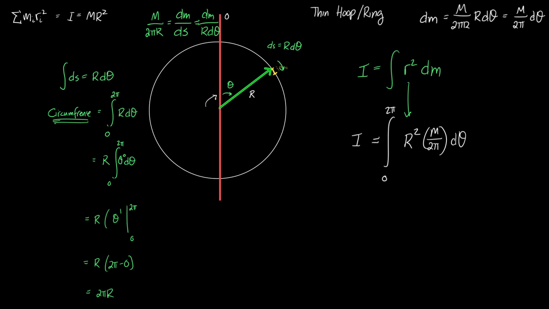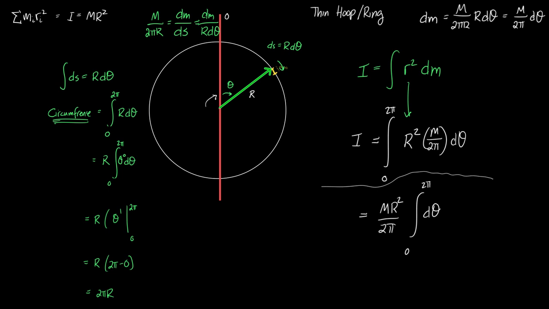All right, so I'll pull out whatever is a constant and doesn't depend on theta. So that'll be m R squared over 2 pi. And I'm going to integrate from 0 to 2 pi d theta. Again, the physics portion ended right here when I assembled the integral.